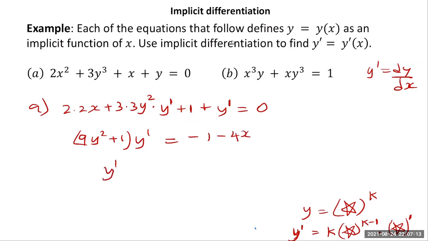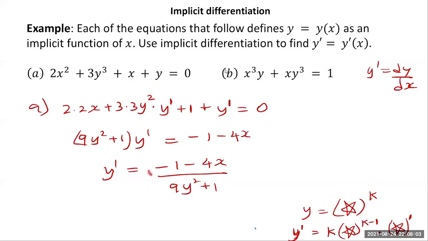So your y prime is equal to minus 1 minus 4x divided by 9y squared plus 1. You divide both sides by this expression. This expression gives you y prime. Y prime is nothing but dy over dx.